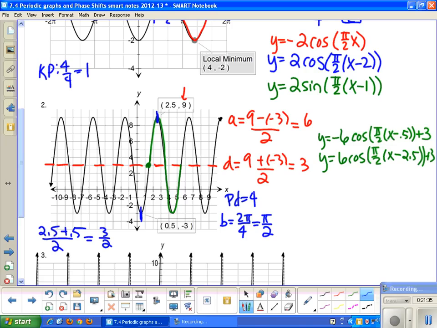So that would be 1.5, so that's the value that I can use. So if I shift this graph over, this little distance right here to here would be 1.5 to get to that point. And I would have a sine graph that would be positive because it's going up first.